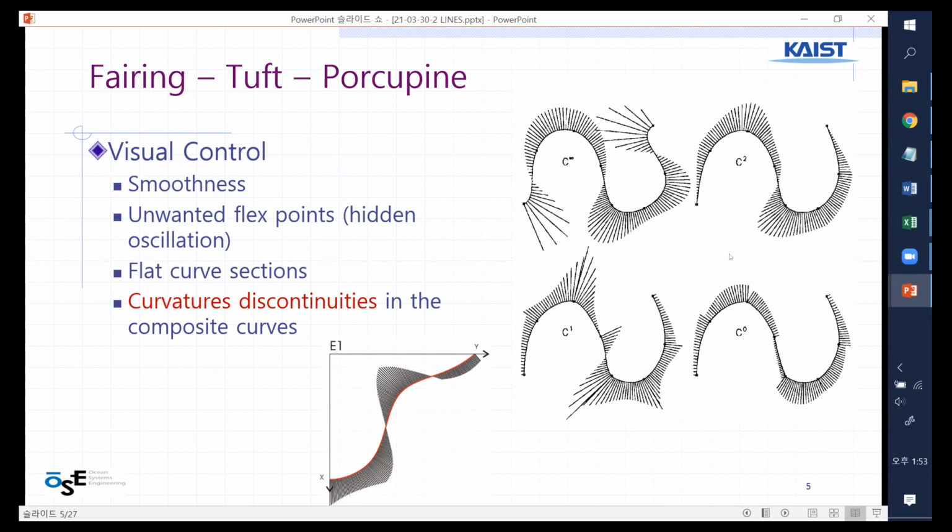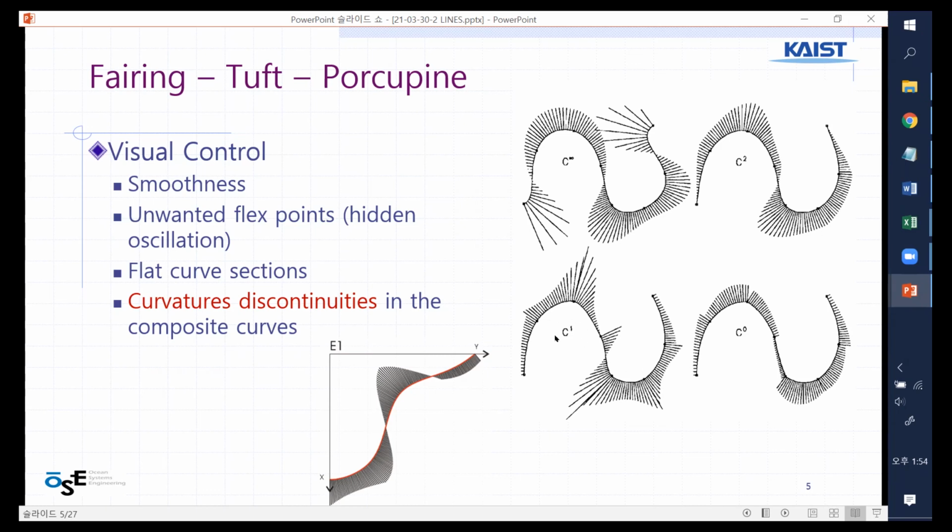So here you can see C0, C1, C2, and C infinite. C means the continuity, and continuity 0 means only position is continuous, but there is no continuous curvature or slope.